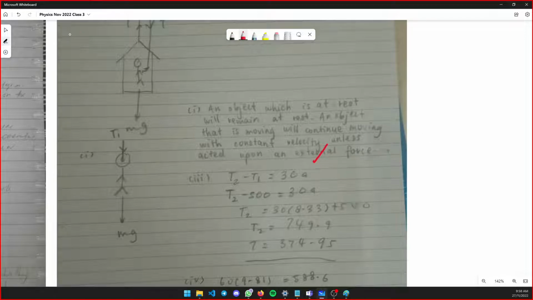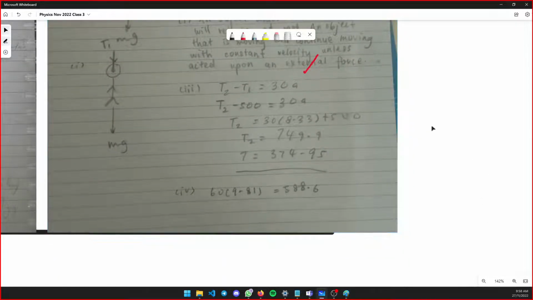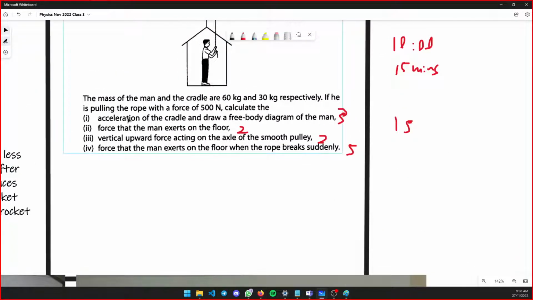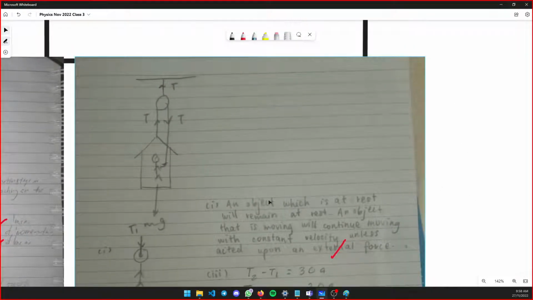You got 8.33. Oh, you wrote this as A1. Okay, that was the answer.